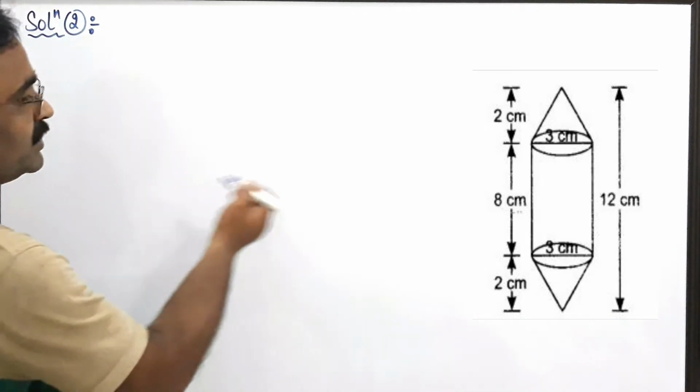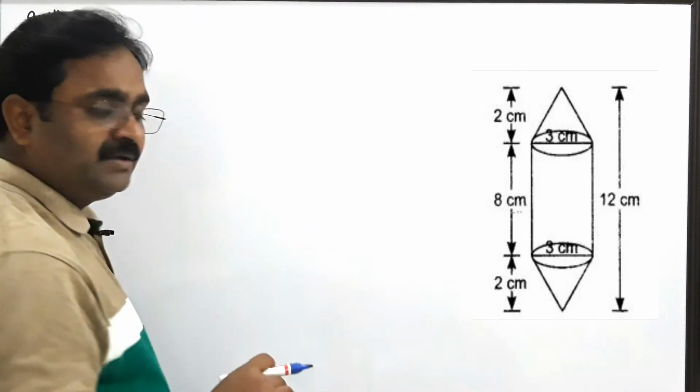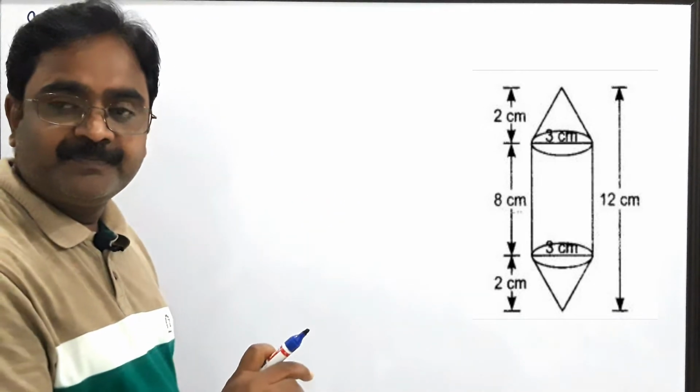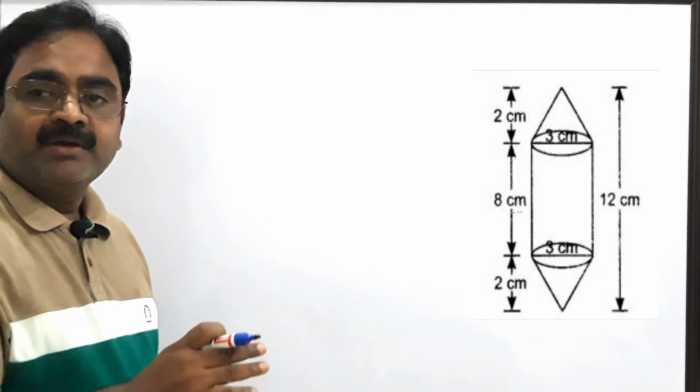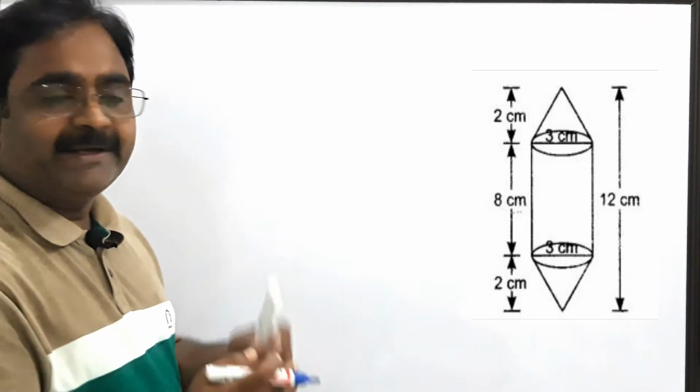In this, a solid contains a cylinder attached with cones on both the ends.